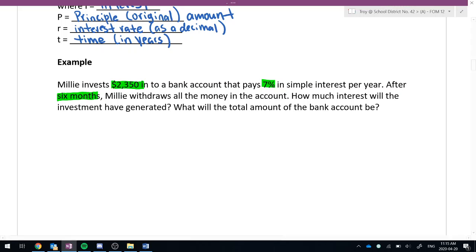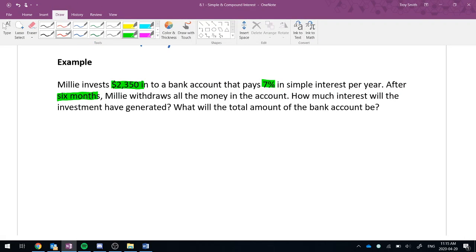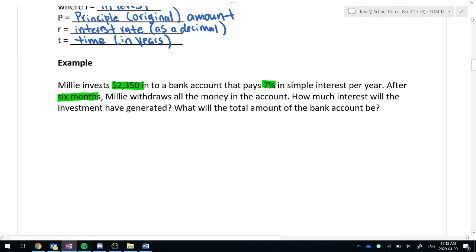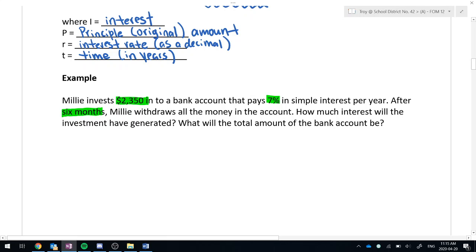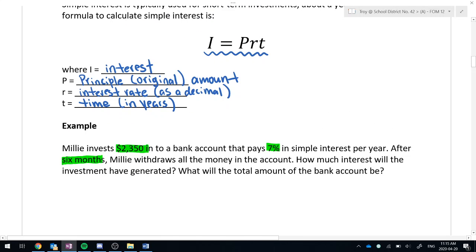Okay, so we got some really important pieces of information here. To start, she invested $2,350 into the bank account. So that's the amount we started with, the initial amount. As we took a look, P is our principal, that's our original amount. So this is going to be our P value.